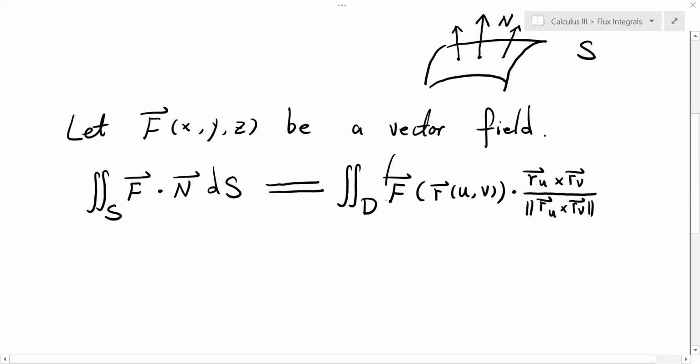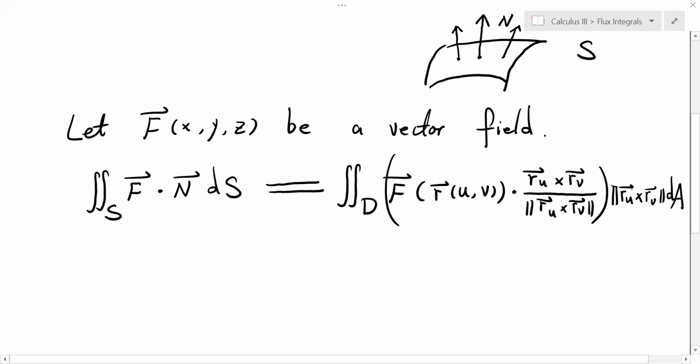On the other hand, we recall that dS is in fact replaced by the magnitude of R sub u cross R sub v dA.